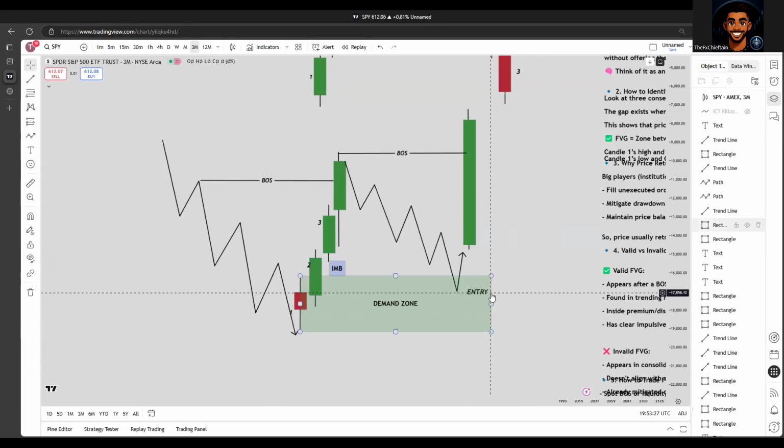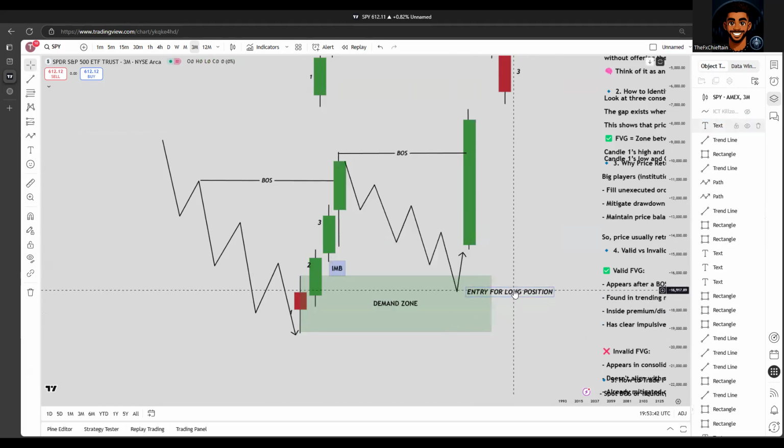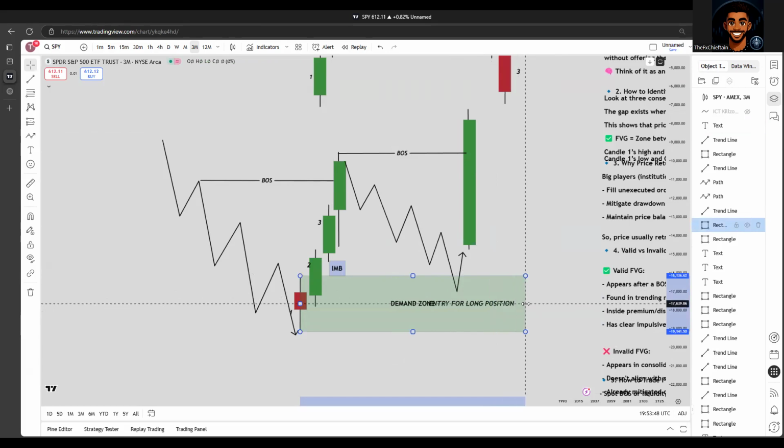Let's do this. Entry. All right, so entry position. Entry for long position. So that gives clarity. So this is where you're going to enter from. The demand zone is going to be your entry. And you want to see the markets rally even higher, right?